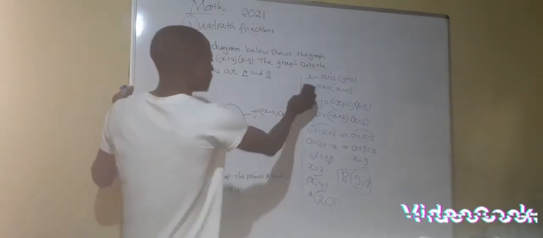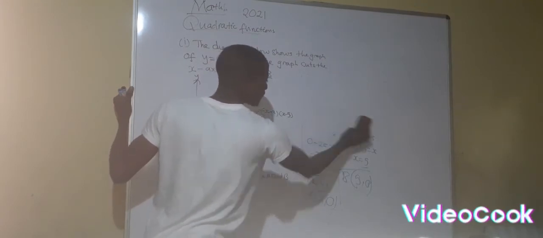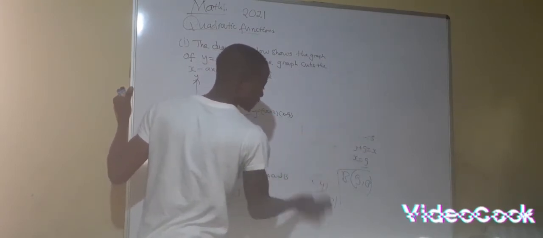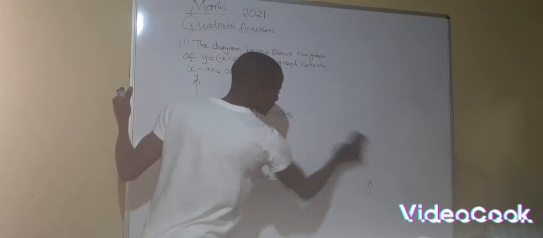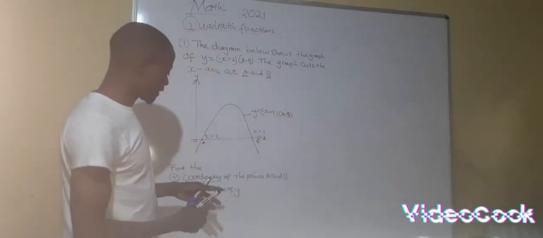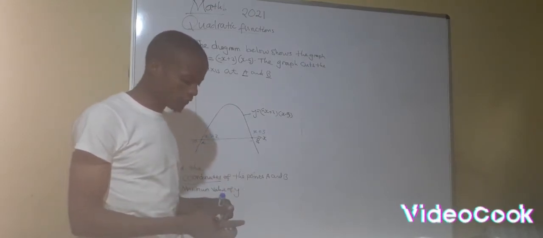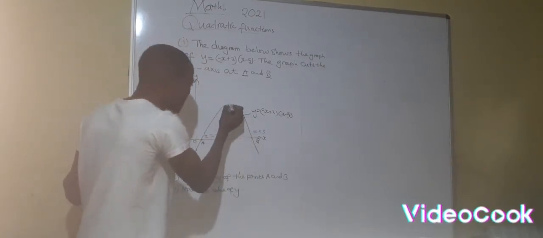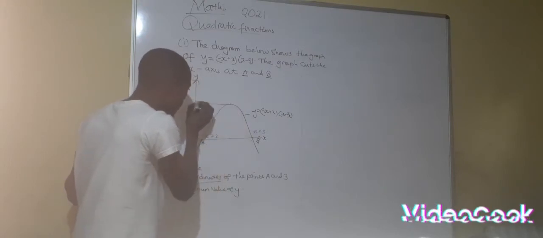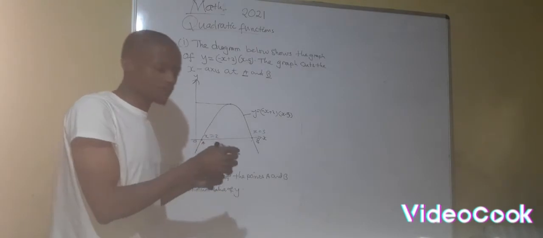So, how can we find the maximum value of y, or the y coordinate of the turning point? Meaning this point here, this is the maximum. Now we want the value of y, which we don't have on that side, so we need to calculate it.